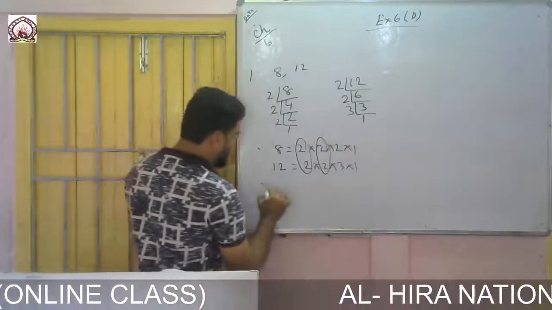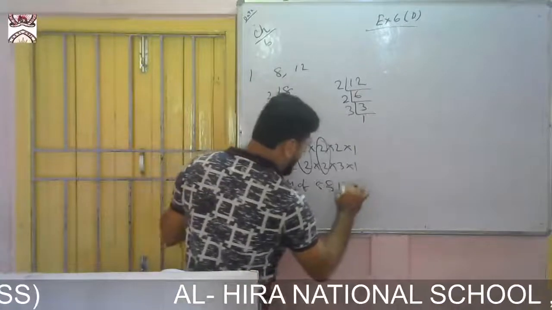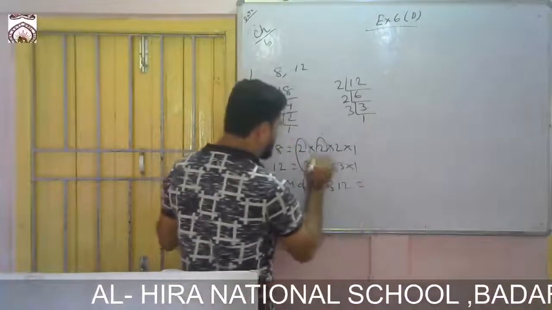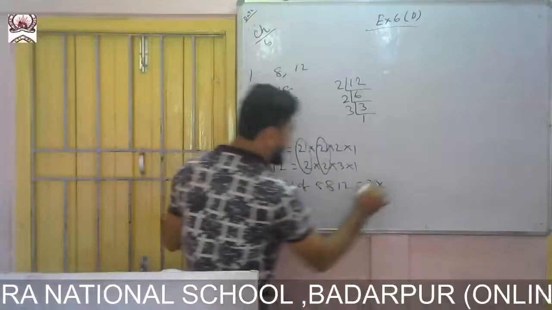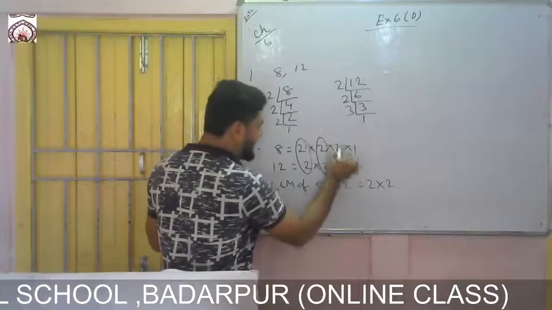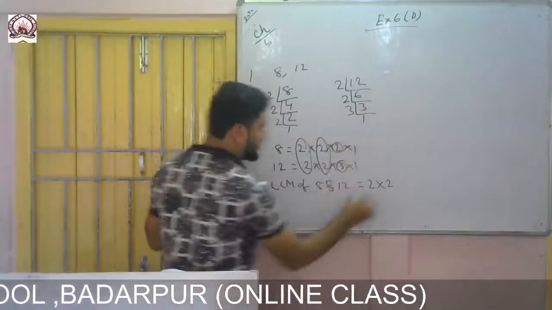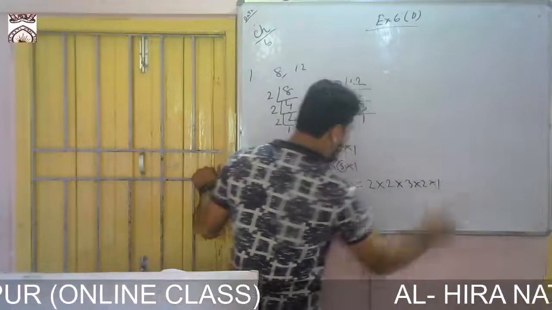Therefore write LCM of 8 and 12 equals: from these two pairs we take one 2, again from these we take one 2, then the remaining is 3 and 2, into 1.